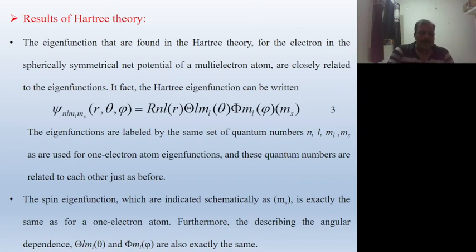Now the spin eigenfunctions, indicated symbolically by ms, the spin magnetic quantum number, are exactly the same as for a one-electron atom. Furthermore, the functions describing the angular dependence, Theta of l ml of theta and Phi of ml of phi, are also exactly the same. These two are the theta and phi functions.